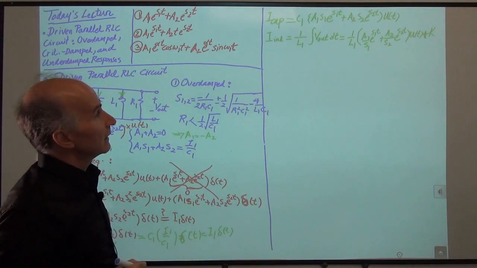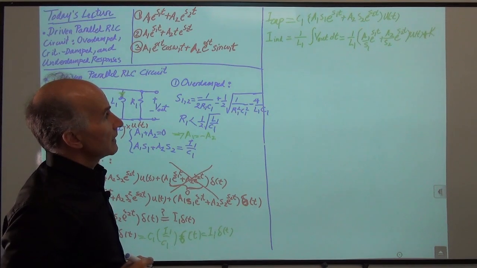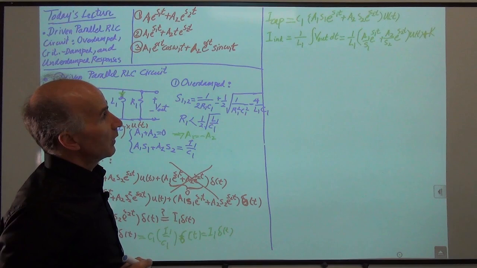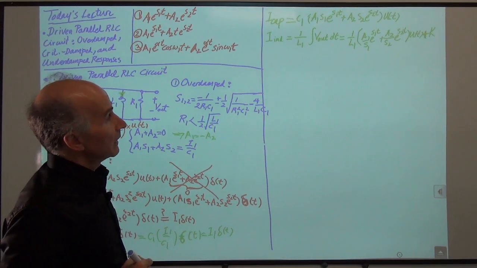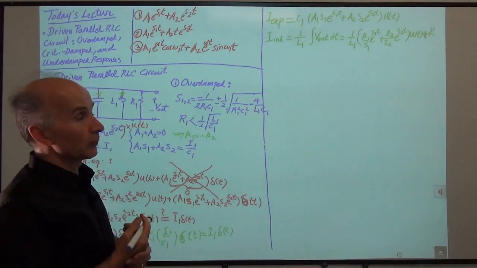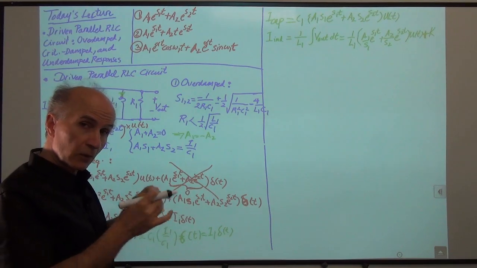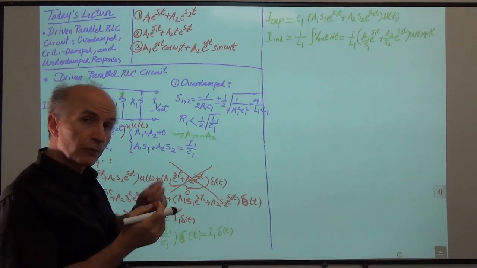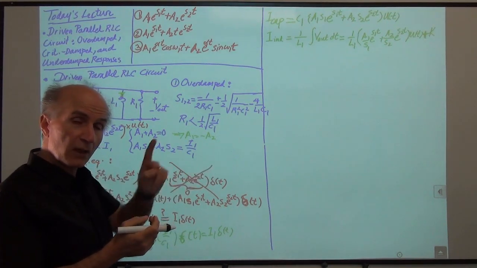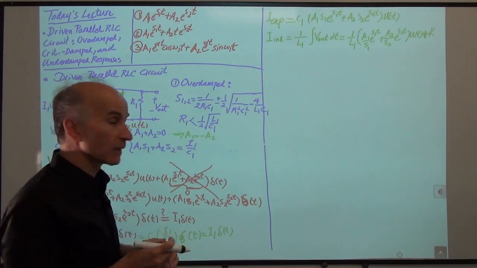Well, the way we approach this is that we want to make sure that this current at time 0 plus is equal to 0. We know that, right? The current to the inductor at time 0 plus is 0. So to find the integration constant, we enforce that condition.